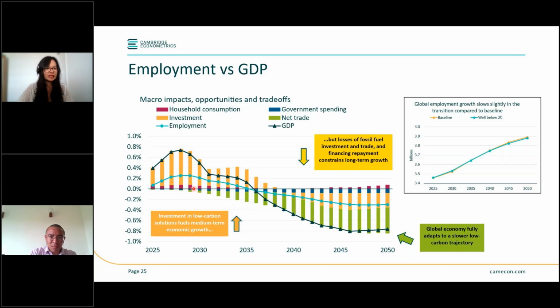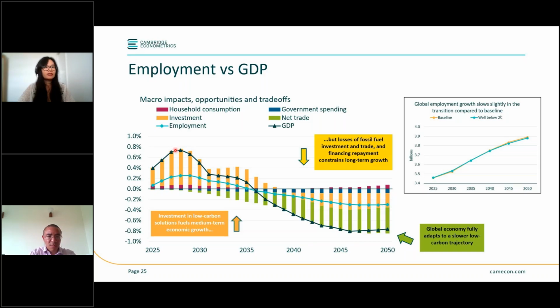What's happening here is a positive increase in total employment in the short and medium term, which is generally supported by an increase in investment, which is needed to roll out new low carbon technology. And that is followed by a negative impact in the longer term as the economic activities, mainly trade and investment, that are related to fossil fuels are phased out.